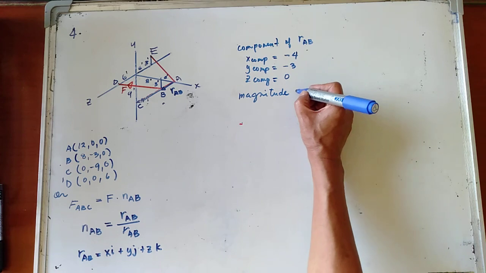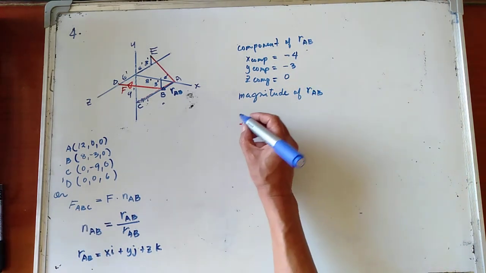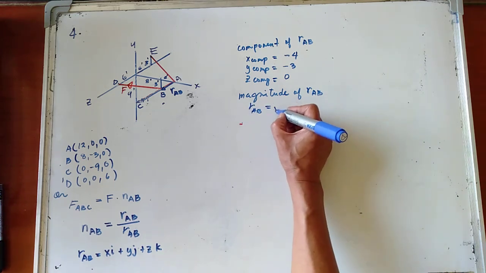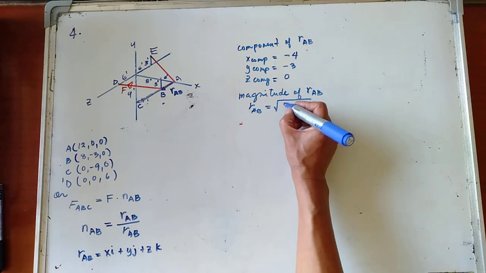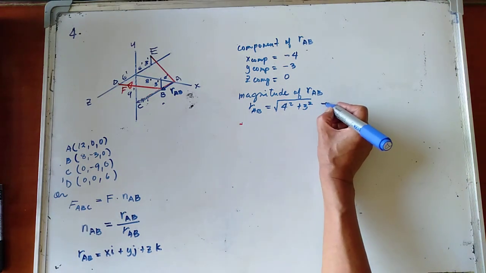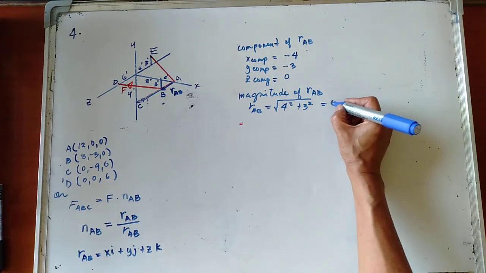We have to determine now the magnitude. So the magnitude of RAB is now equal to the square root of 4 squared plus 3 squared, and this is therefore equal to 5.